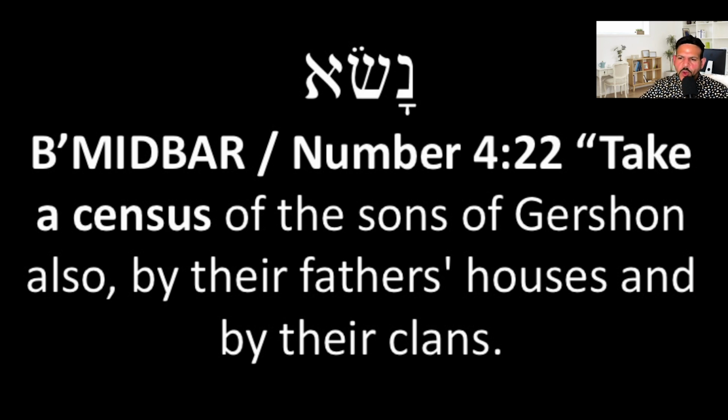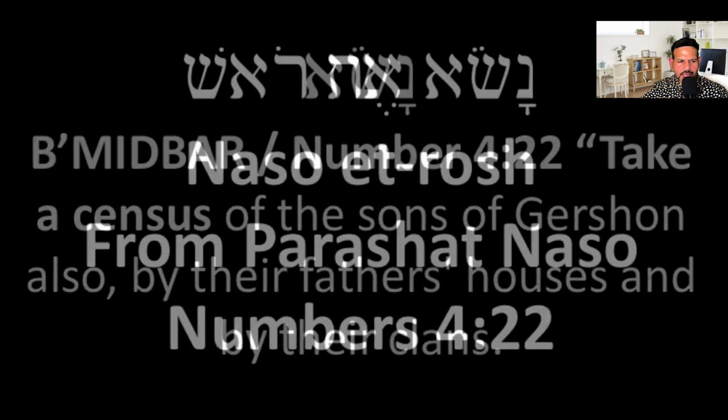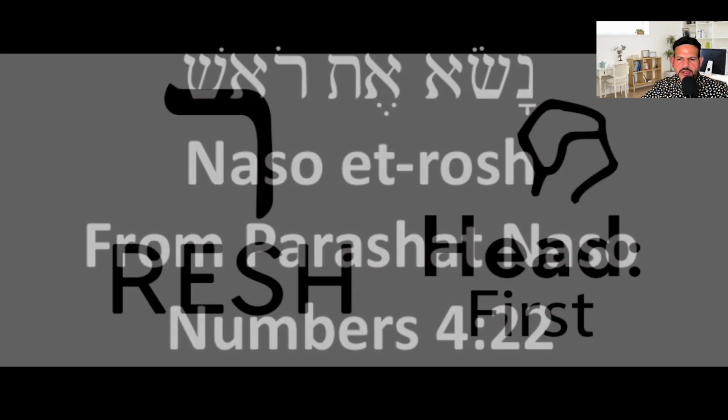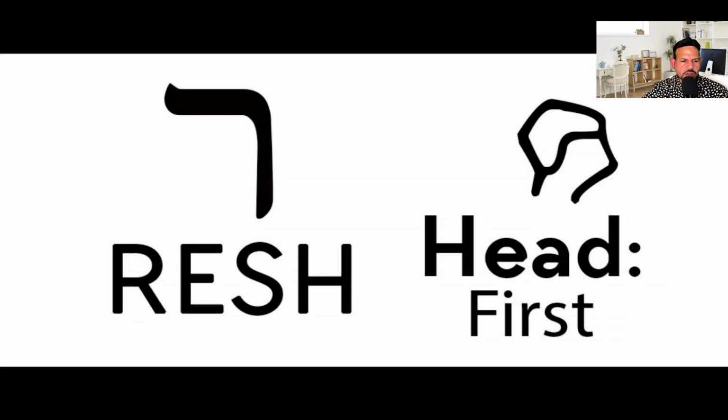So really what we're translating as take a census is really lift up the heads. Naso et rosh. Now, if you remember the letter that represents Rosh, it's the letter Resh. So Rosh comes from Resh, a head, or that which comes first. In fact, we saw also Rosh in reference to the first words of the Torah.